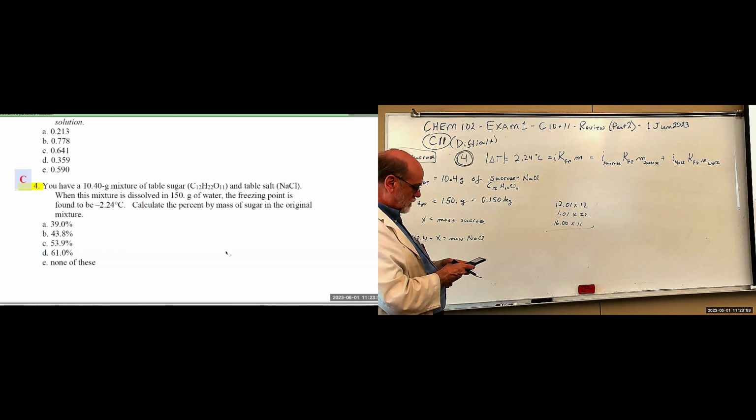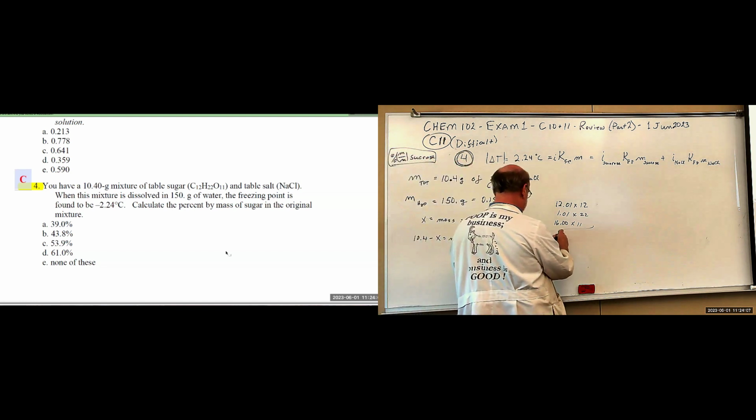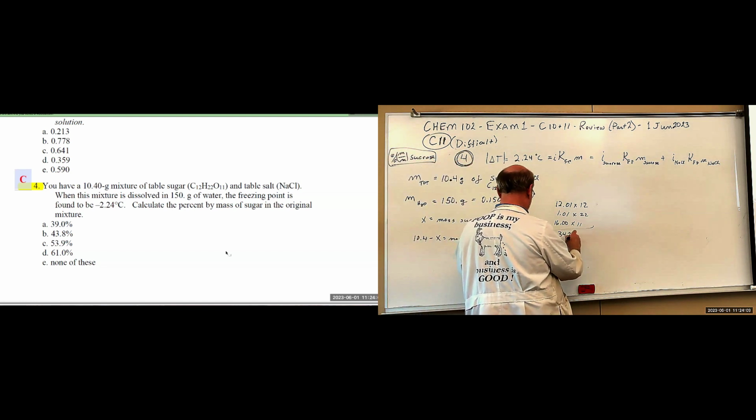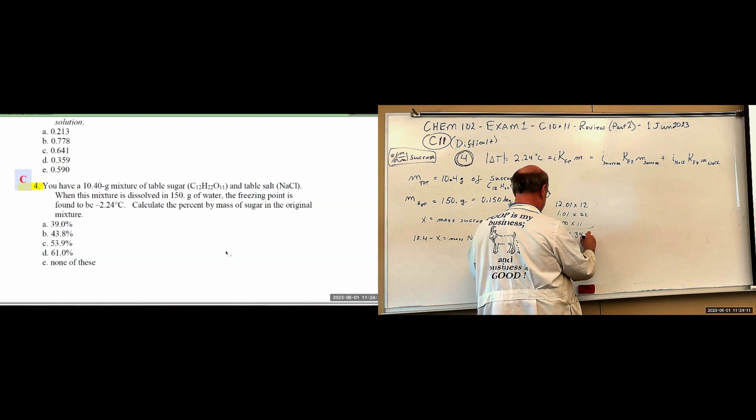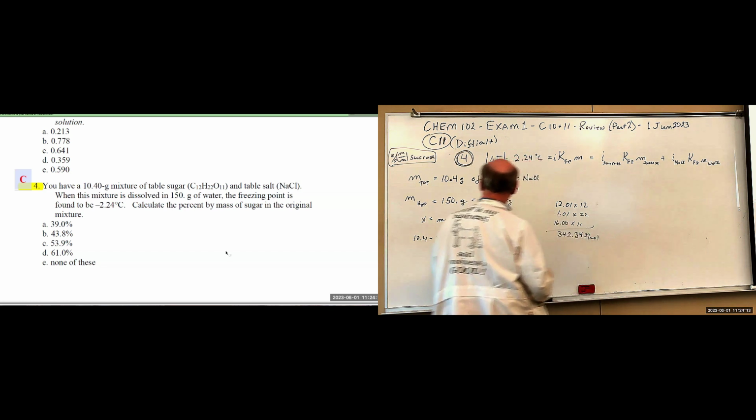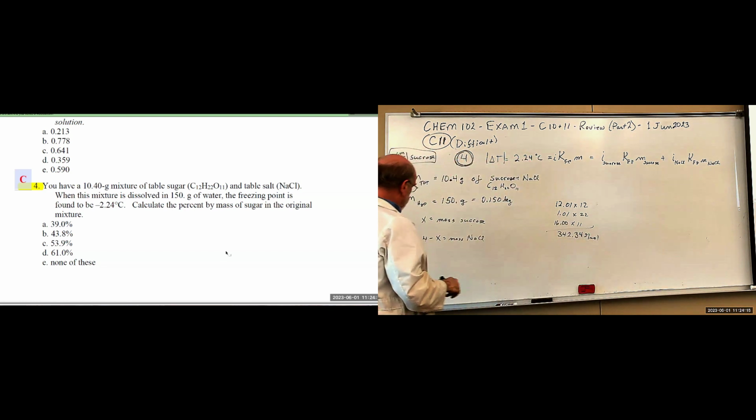So this is 342.34 grams per mole. All right, so that's the molar mass of sucrose.